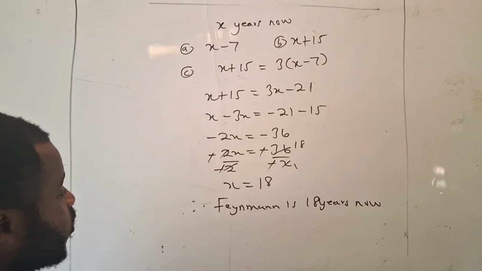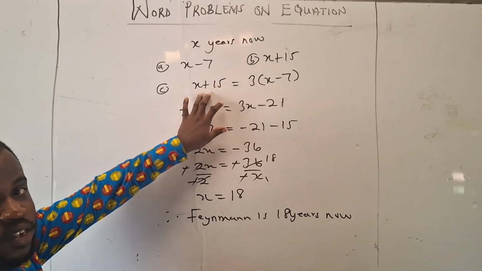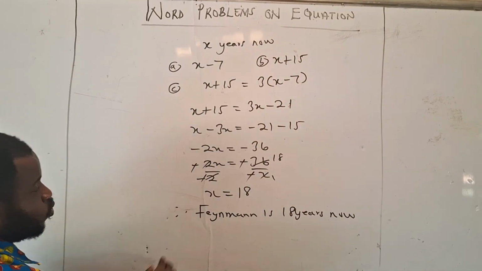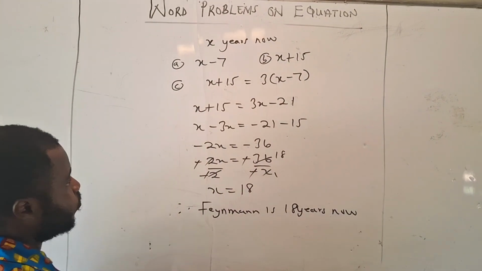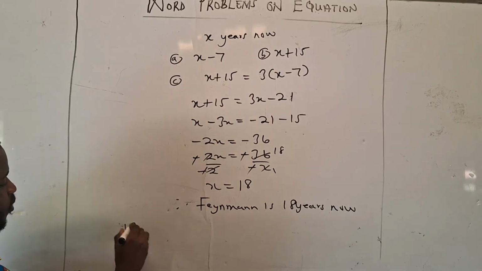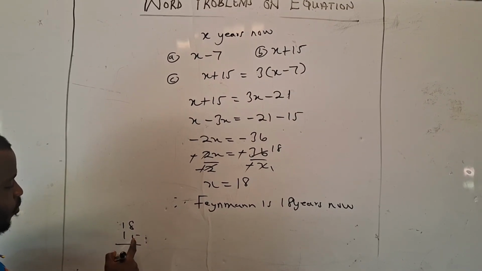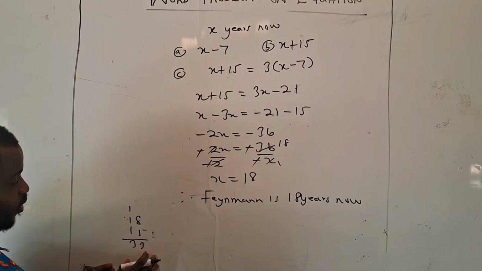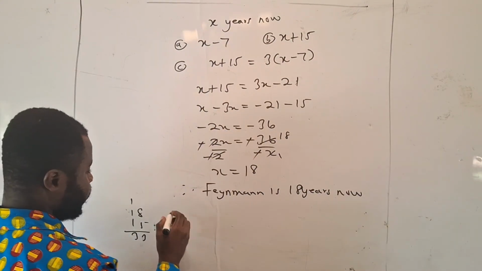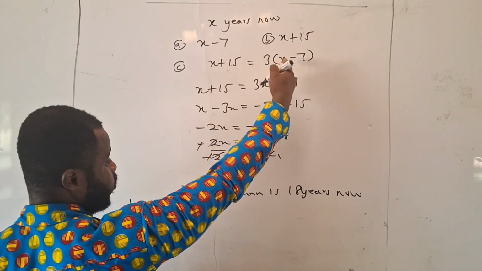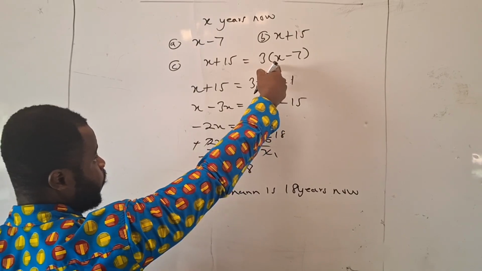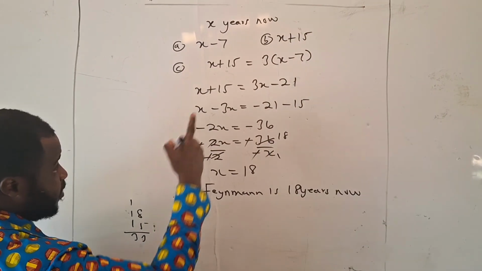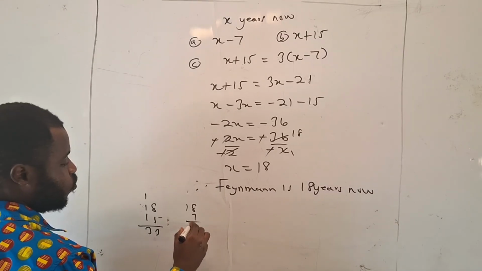They are saying if his age in 15 years time will be 3 times. Now let's see. So when we add 18 to 15, what are we going to get? 15 plus 18 is 33. They say it will be 3 times. So when you put the 18 here, 18 minus 7 is going to be 11.